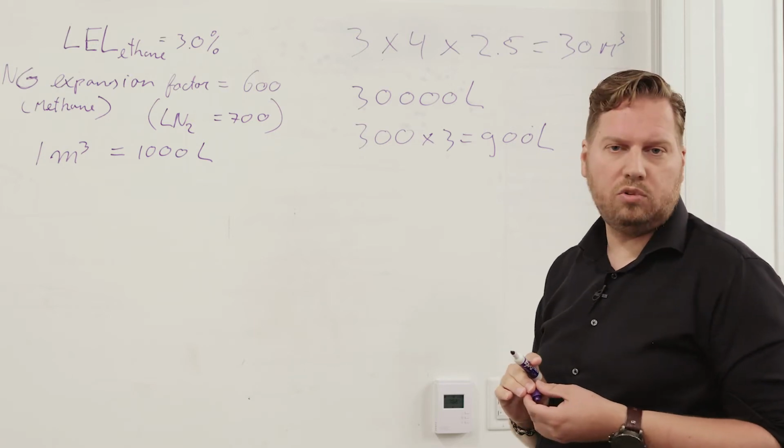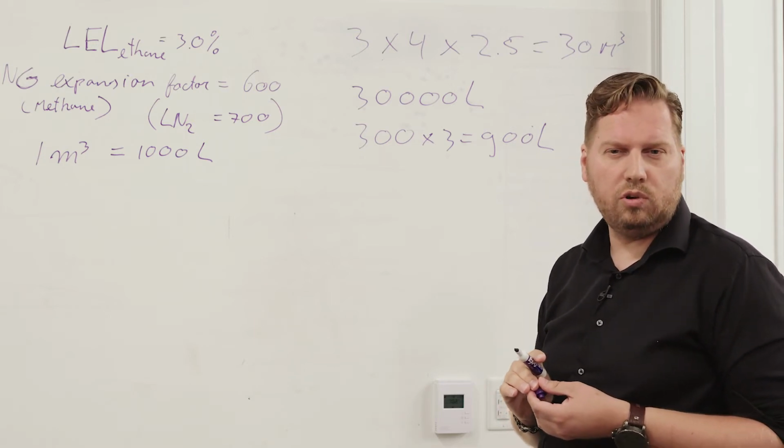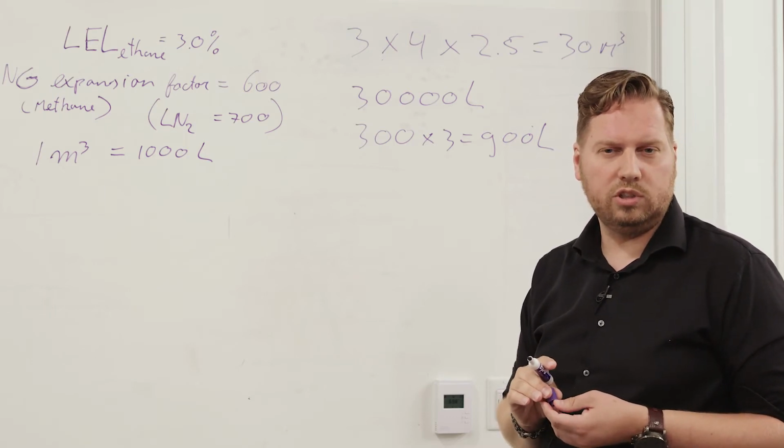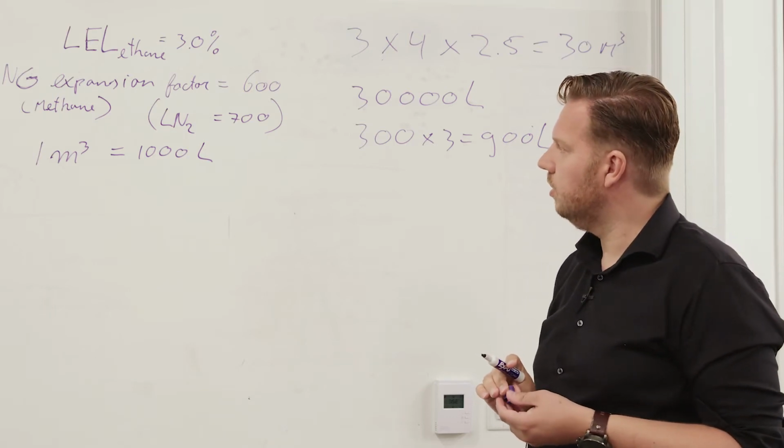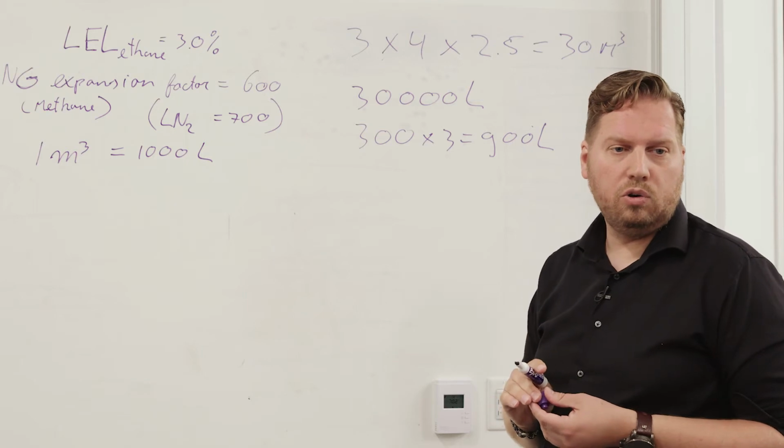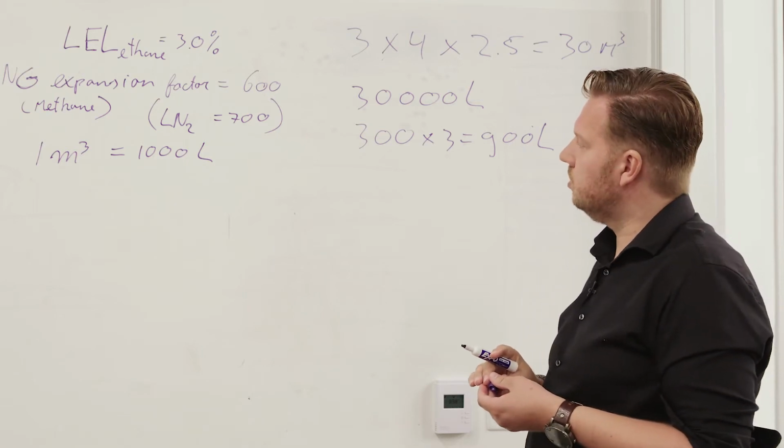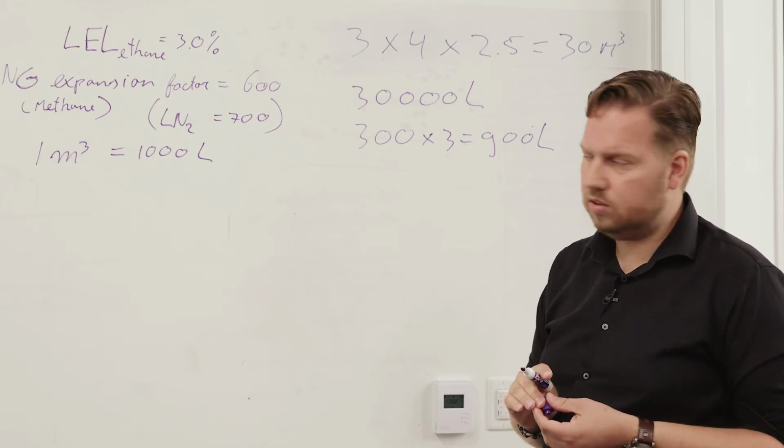And there are 2 types of storage bottles. You can store your ethane in a gas bottle that holds a liquid, so liquid ethane, under pressure. Or you can have a gas bottle that stores ethane as a gas.